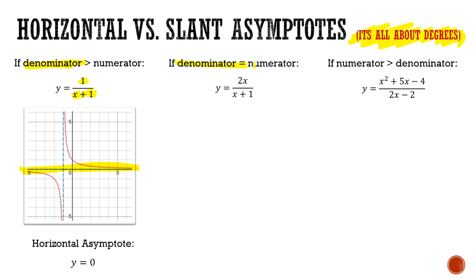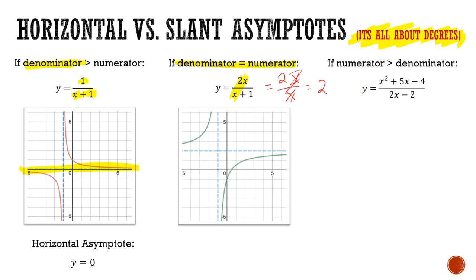If the denominator and the numerator have an equal degree, then when you look at this, it should simplify to 2 over x. The x's are going to divide out, and you're going to get 2. You're going to get a graph like this, where your horizontal asymptote is at y equals 2.